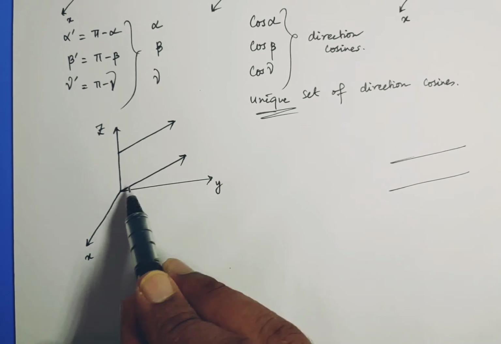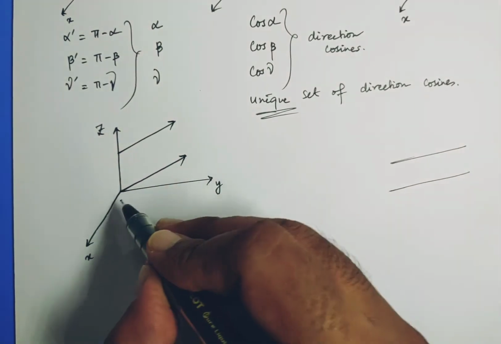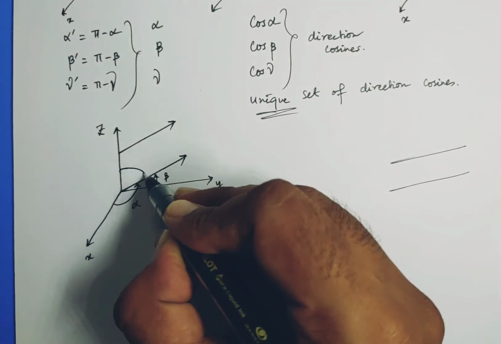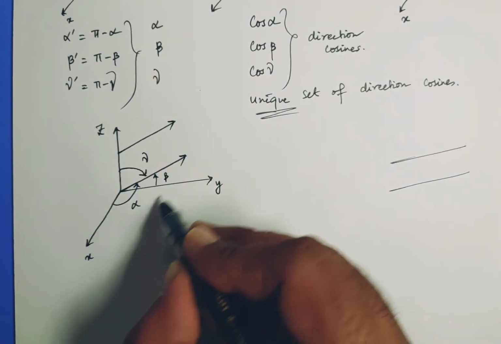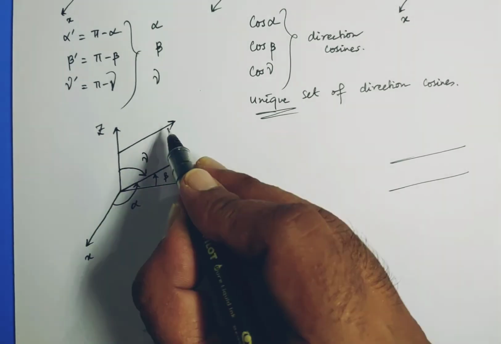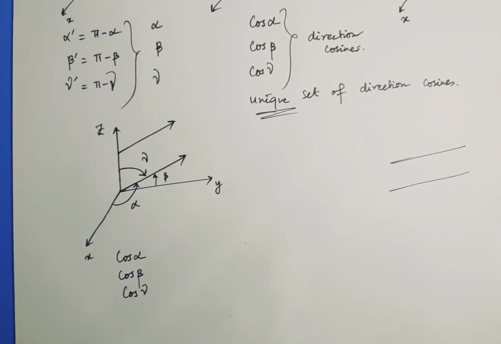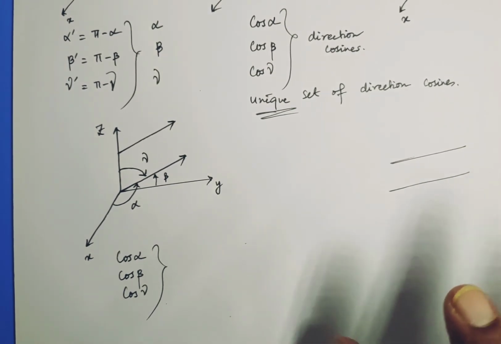And we already know how to find the direction cosines of this line, which is alpha, beta, gamma. So the direction cosines of this particular line which does not pass through the origin will be the same as cos alpha, cos beta, cos gamma. Am I clear? So this is how we find direction cosines of a line which is not passing through the origin.